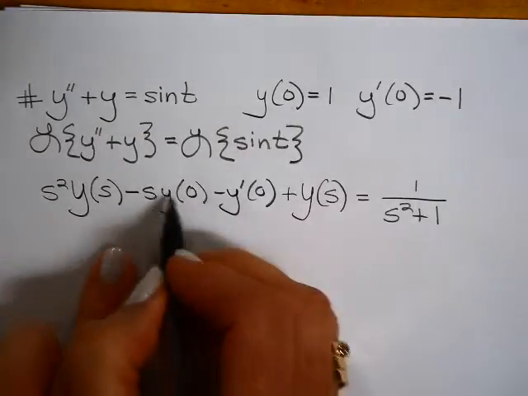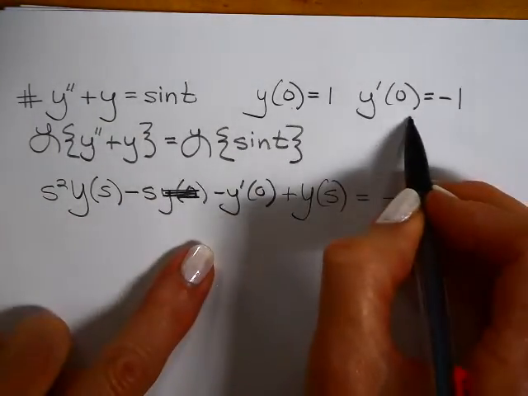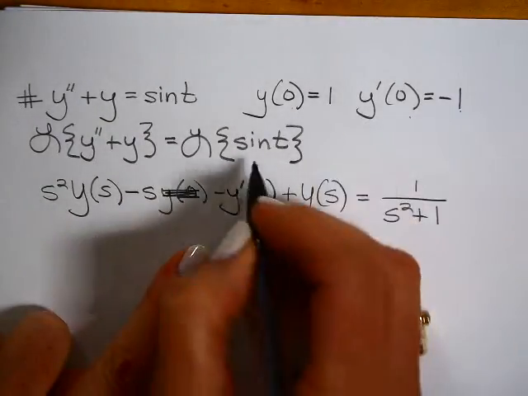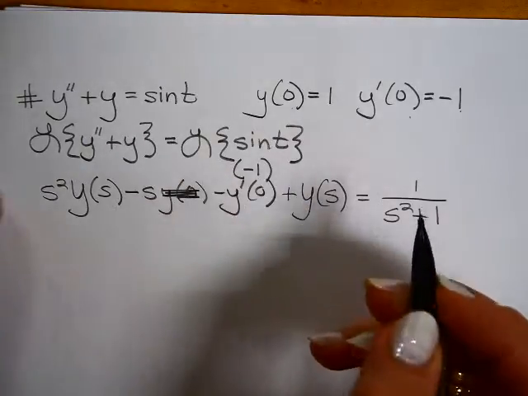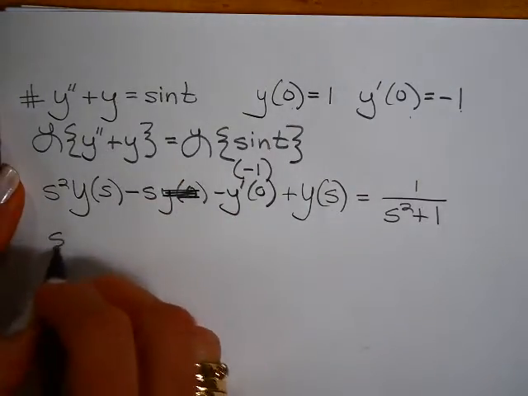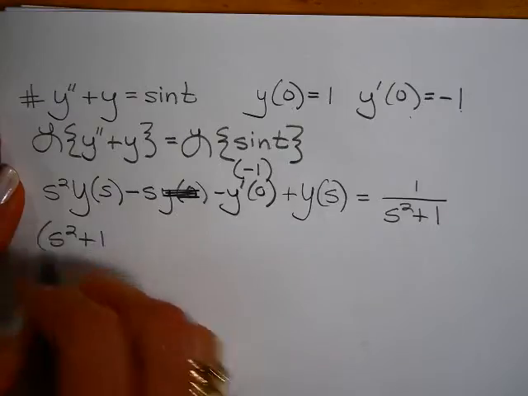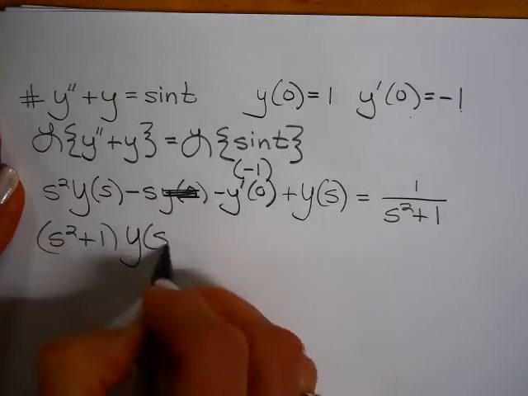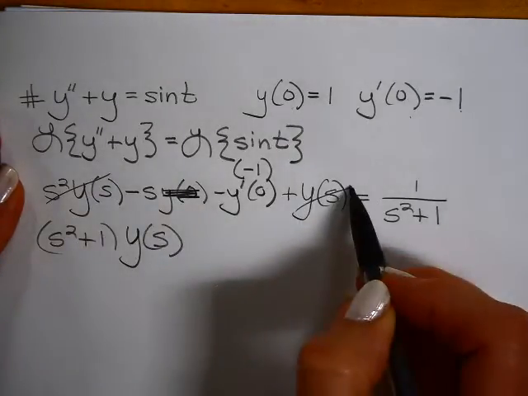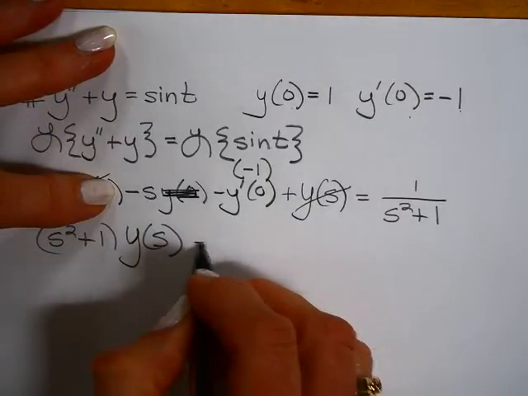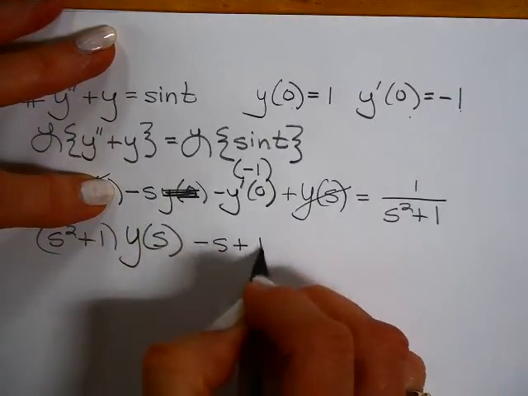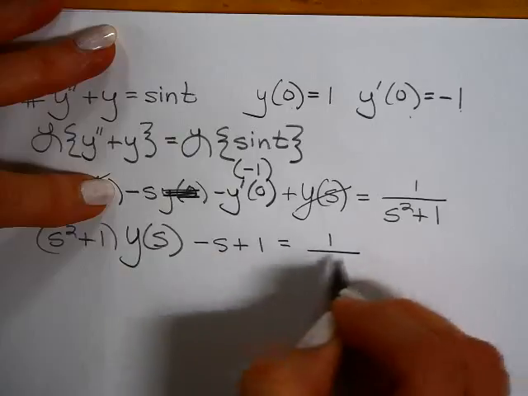All right, y of 0 is 1. y prime is negative 1. So this gives me s squared plus 1 times Y of s for this one and this one, minus s plus 1, is equal to this.